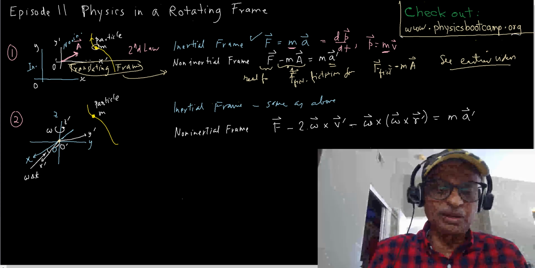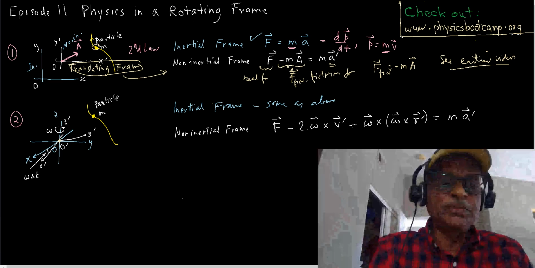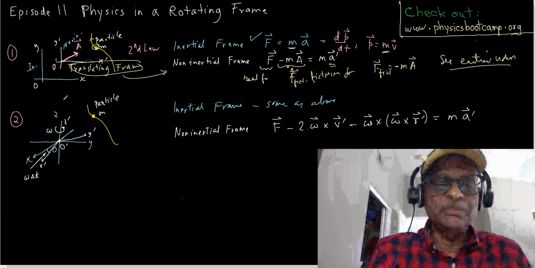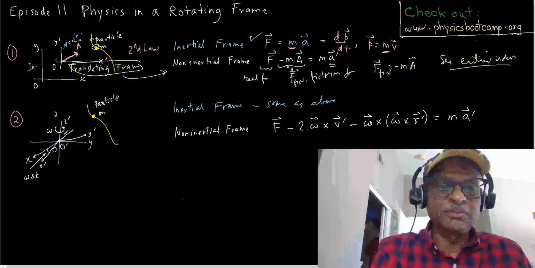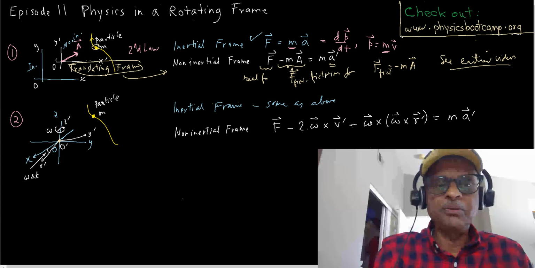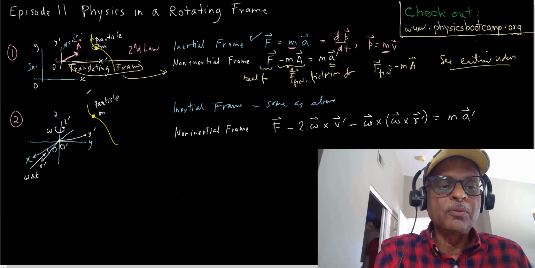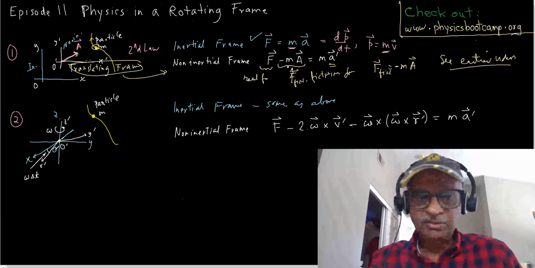When you do a calculation, suppose this frame is rotating with respect to the fixed frame, the inertial frame, without the prime, and omega is the rate of rotation, the angular velocity.